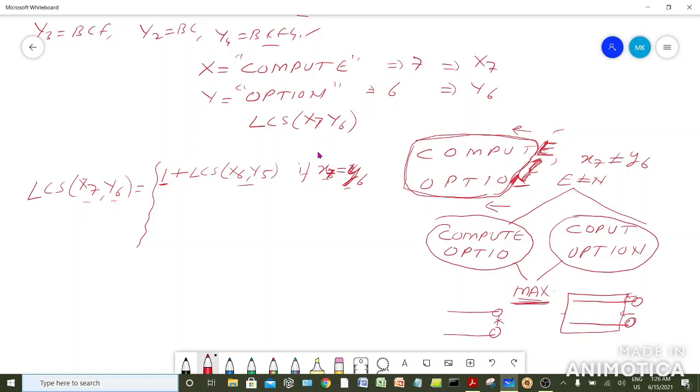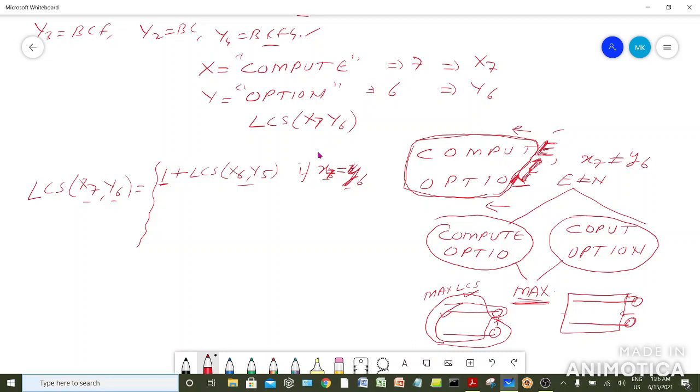Then we need to consider this as a complete sequence, and this is the decreased sequence. Fine. In the same way, in the second case, we need to consider this as complete and this as the decreased one. Done. Now we need to choose the one out of this and this which is having maximum LCS. Fine.